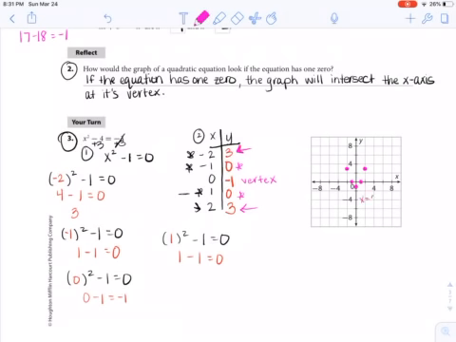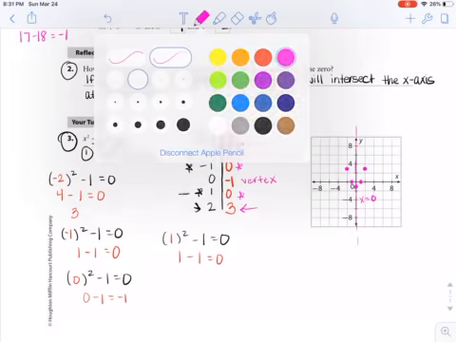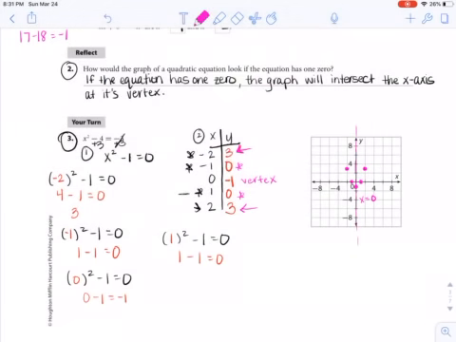So x is going to be 0. That's my axis of symmetry, right? If I draw that line, I'm hitting x equals 0. Now I'm going to go ahead and connect my points here, make a U. And I notice that I have 2 zeros. And so the zeros of the function are -1 and 1.